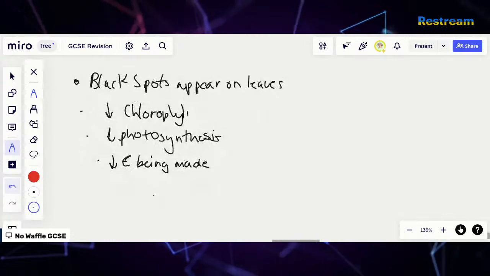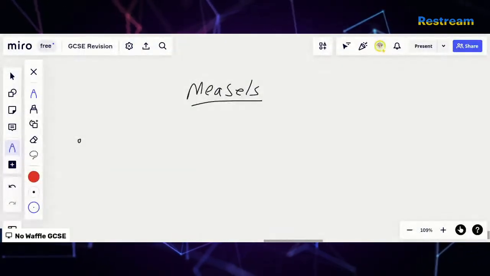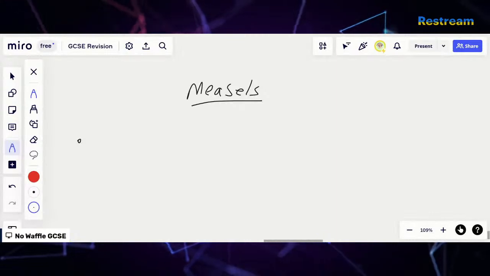The next question is also about viruses. Explain how measles spreads from one person to another. They would have expected you to do some research within your GCSE biology and know a bit about all of these diseases. So let's talk about measles now. Measles is a viral infection, and it's spread by droplets in the air.